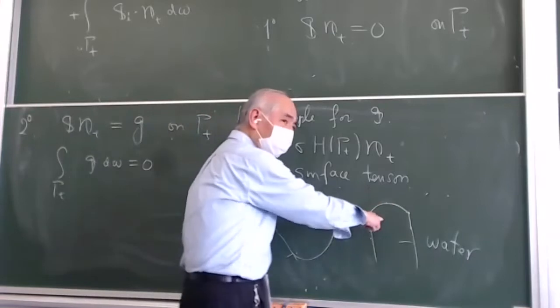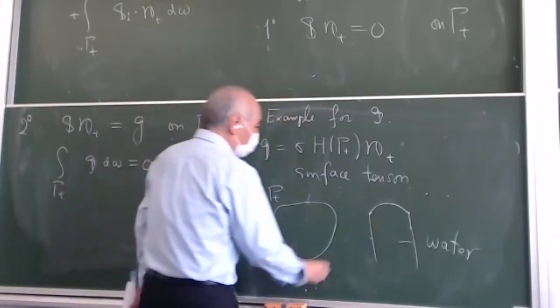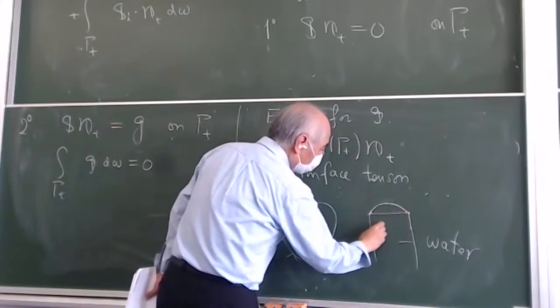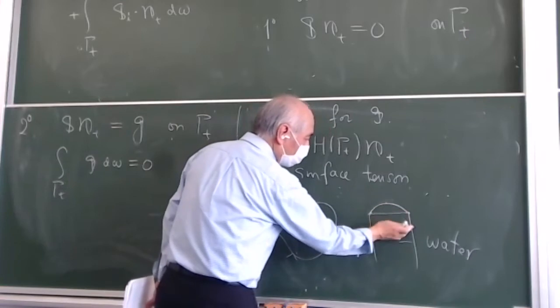This is a free boundary, right? Here, water. This is a cup. At the top of the cup, you have this.